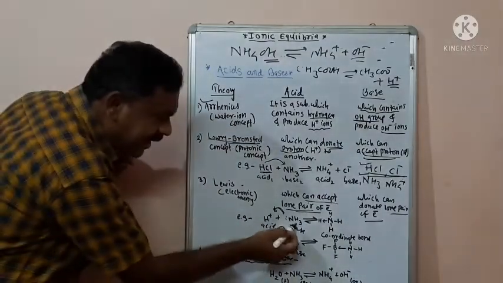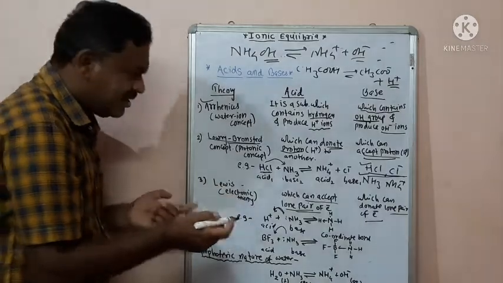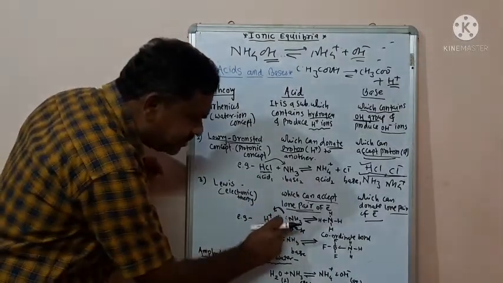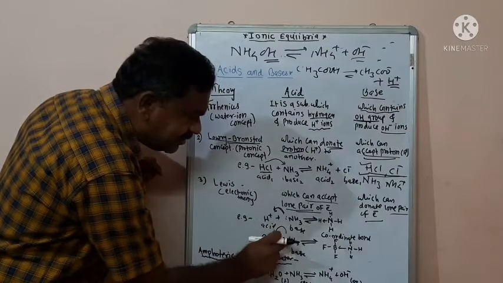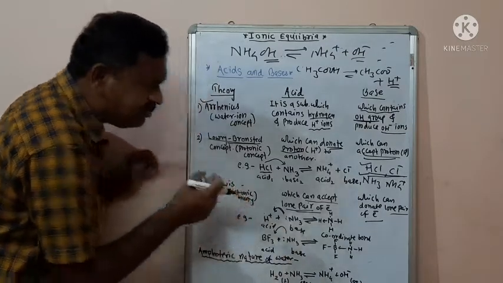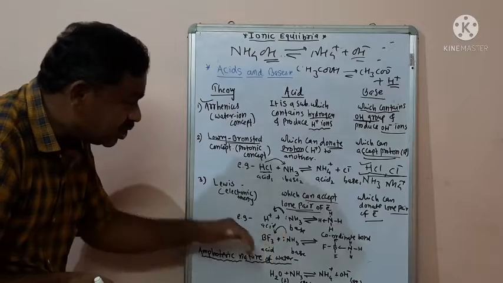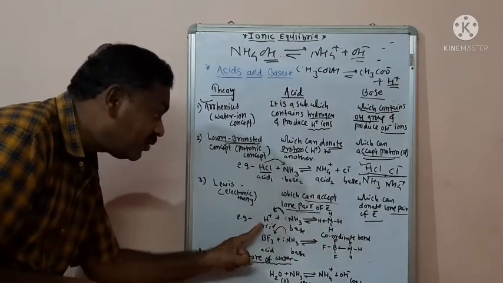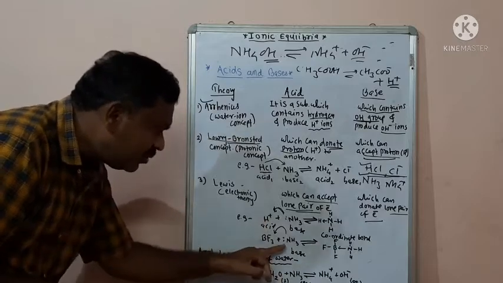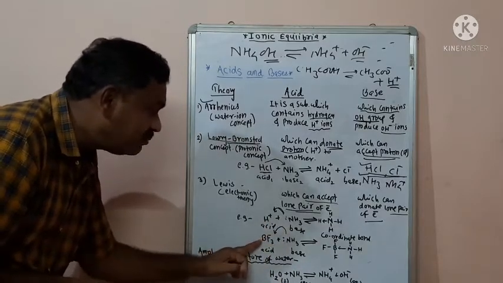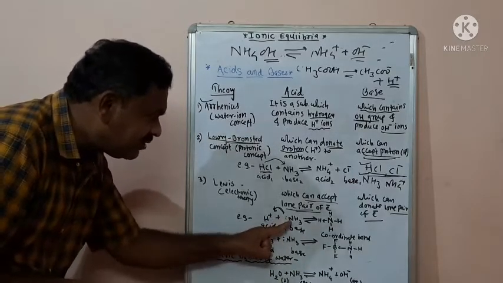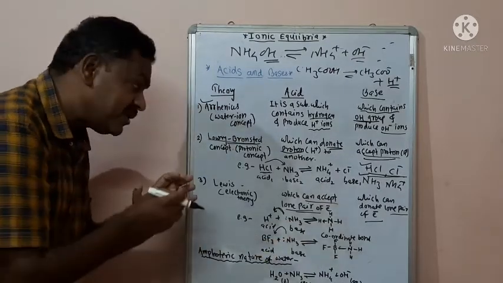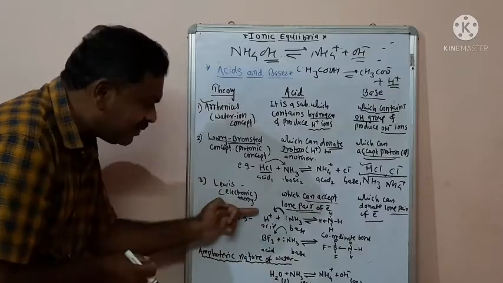The base NH3 contains a lone pair of electrons, so it donates one lone pair to H plus, and in the second example to BF3. Therefore NH3 is the base in both examples, and H plus and BF3 are the acids.